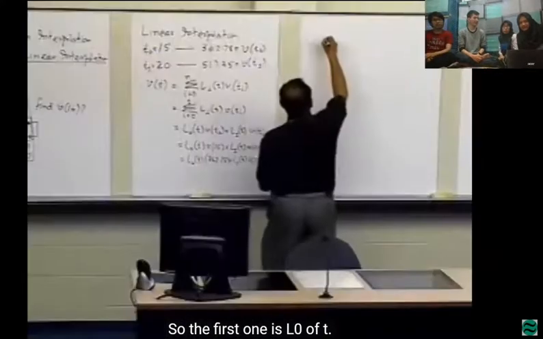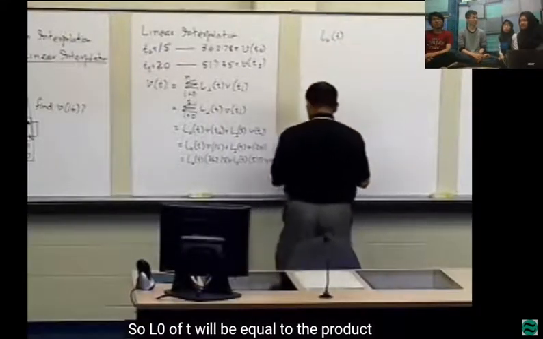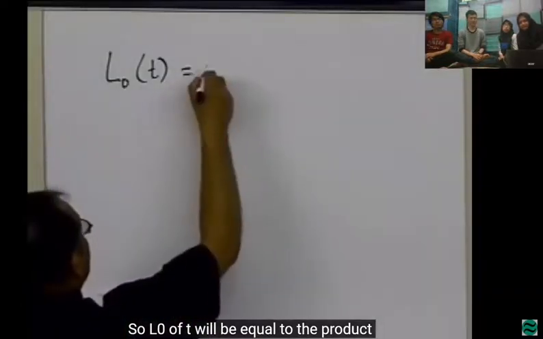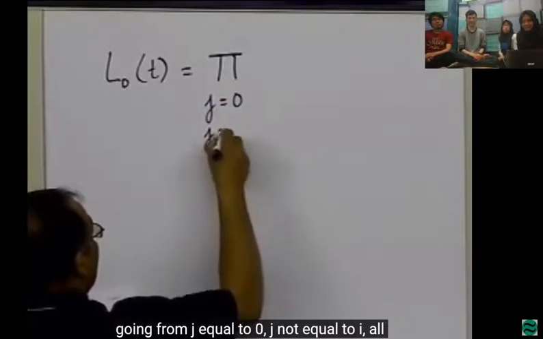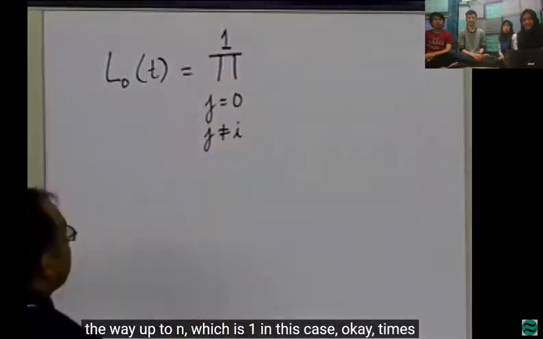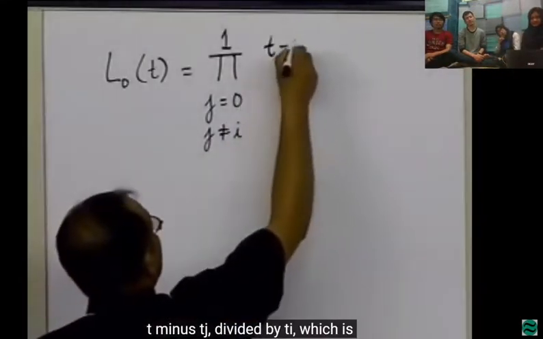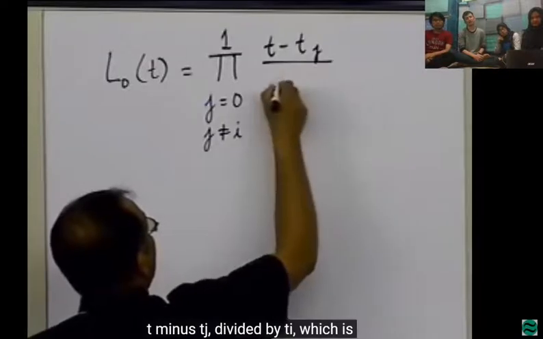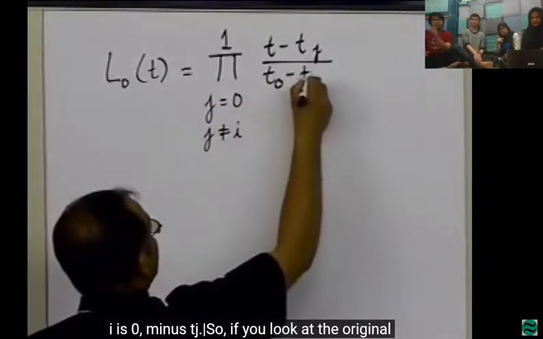So the first one is L naught of t. L naught of t will be equal to the product going from j equal to 0, j not equal to i, all the way up to n, which is 1 in this case, of t minus t sub j divided by t sub i minus t sub j.